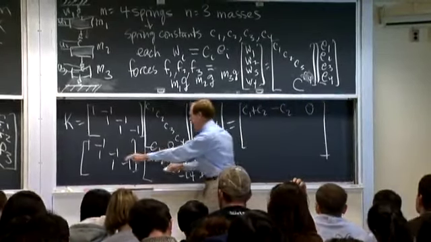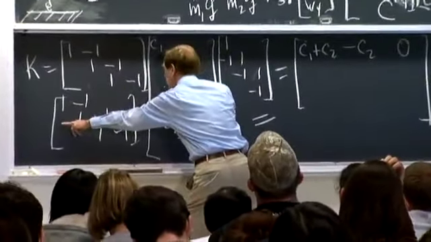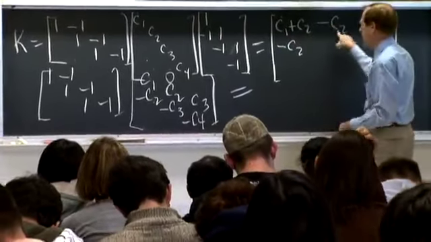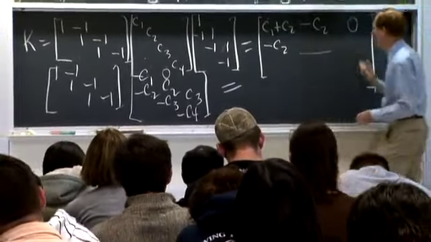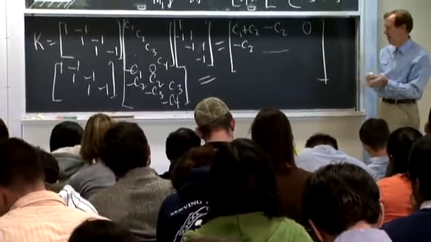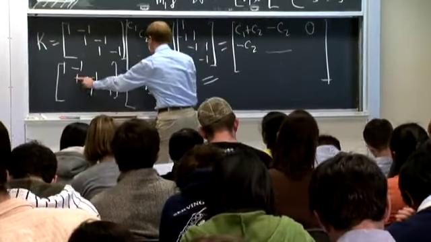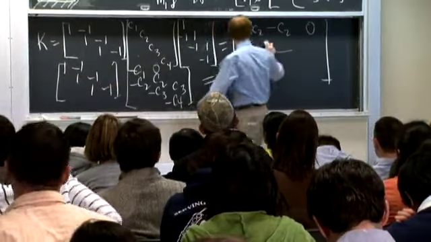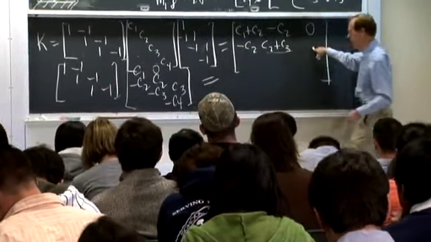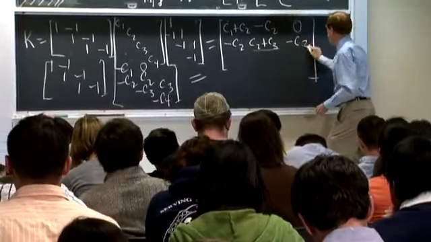I know from symmetry that the second row times this is going to be minus C2, symmetric as I expected. What are you expecting on the diagonal there? C2 plus C3. That's certainly the right pattern. And what are you expecting over here? Negative C3 is a good guess.